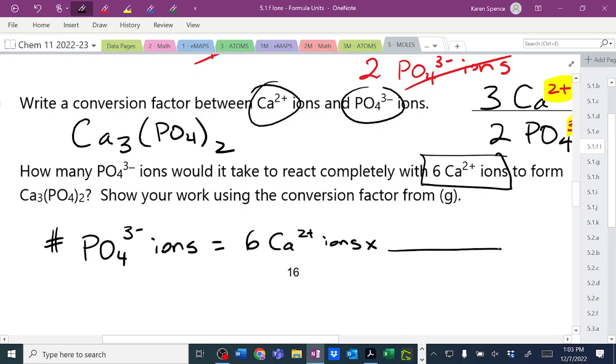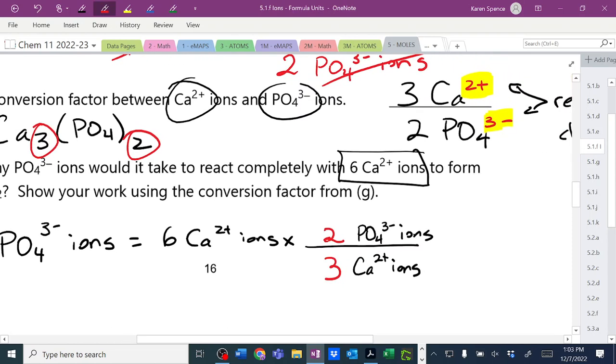And our conversion factor to get there, what unit has to go on the bottom? Calcium ions, that's going to cancel out. And on the top goes phosphate, PO4 3 minus ions. And there are 3 calciums for every 2 phosphates. So 6 times 2 is 12. Divide by 3 is 4. And the units that we are left with is PO4 3 minus ions.